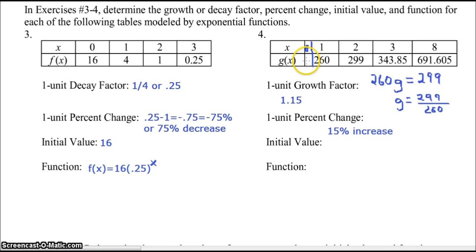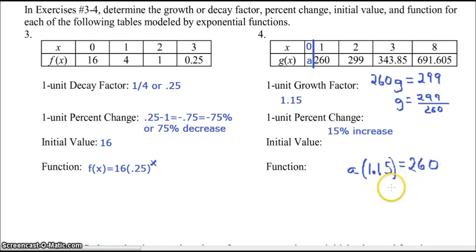Let's just call that initial value A. And to me, here's the really interesting part. Since we know the growth factor, we can figure out what A is. We know that if we took A and multiplied it by the growth factor of 1.15, we're going to wind up with 260.